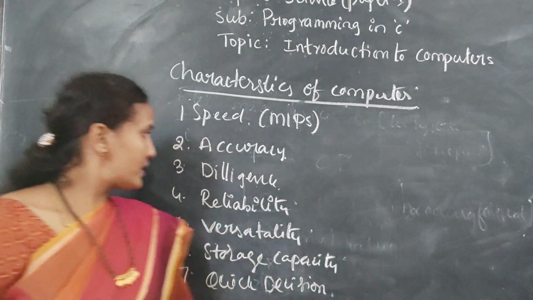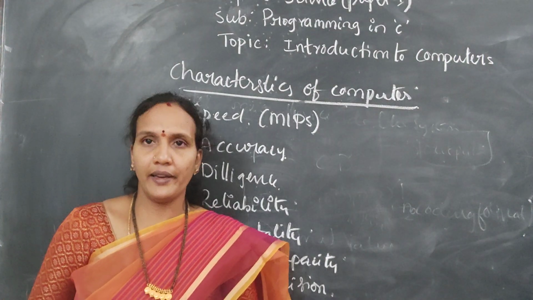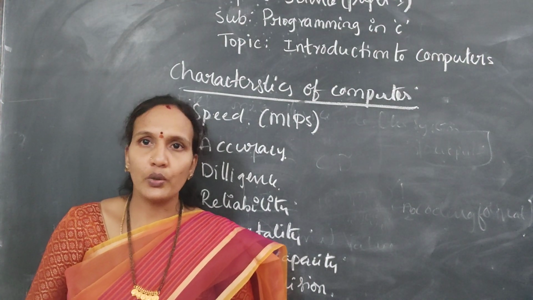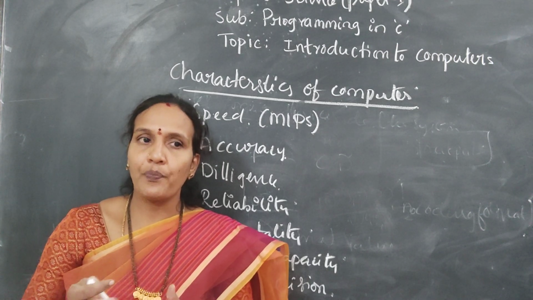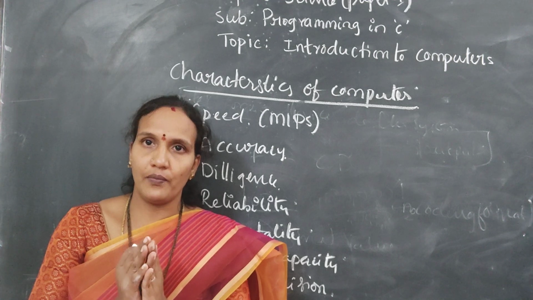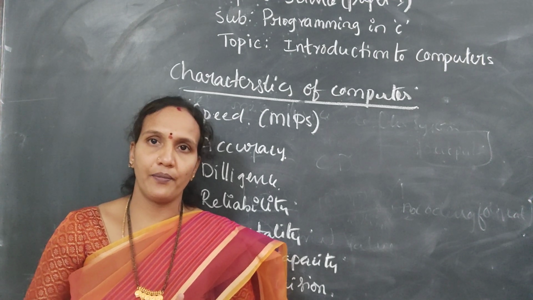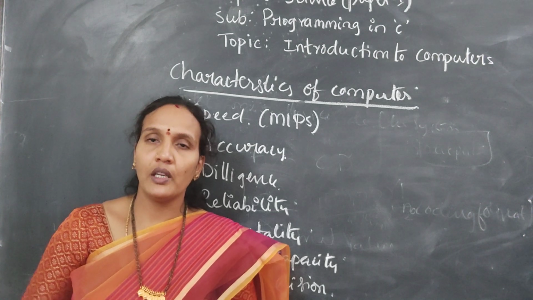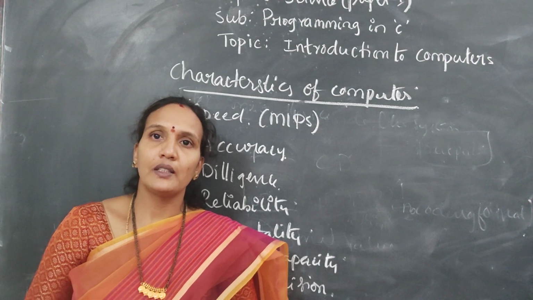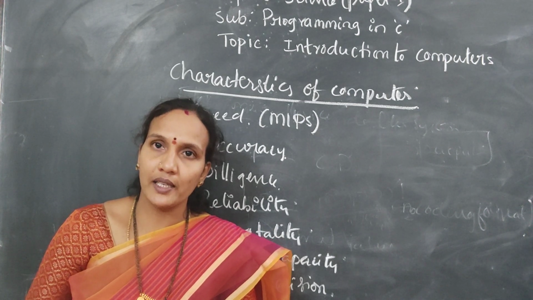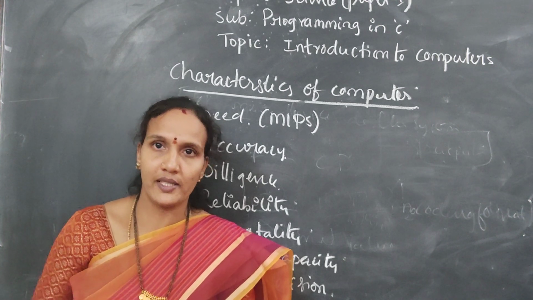Next, versatility. Versatility means, for example, if I give multiple tasks to you, it is difficult to complete them simultaneously. But in the case of a computer, if you give multiple tasks, it will perform them simultaneously without any tiredness and without producing any wrong result.